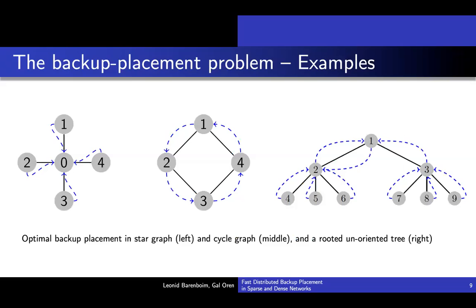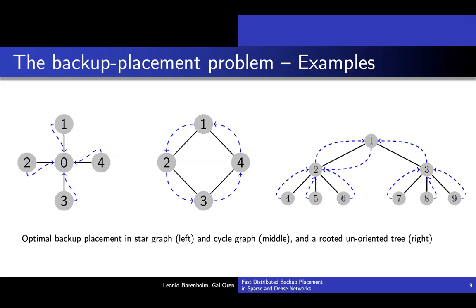Let's take a look at some basic examples. In the middle, you can see a cycle graph. The optimal backup placement solution would be if each node selects its succeeding neighbor to be its backup node, and by that, the maximal backup burden for each node would be only 1 unit, a good result. On the left, you can see a star graph. The optimal solution forces all the nodes, besides the center node itself, to choose the center node to be their backup node.